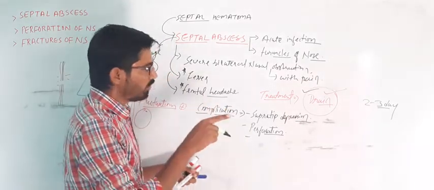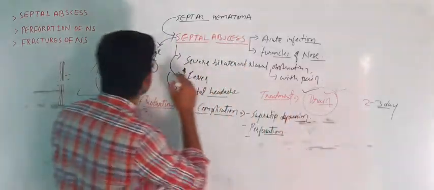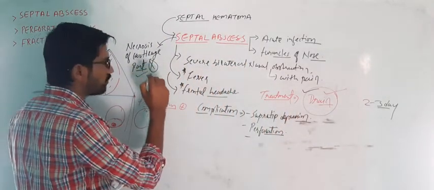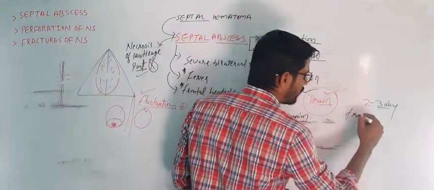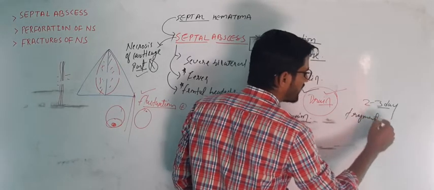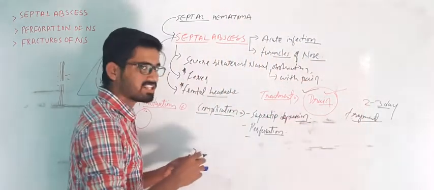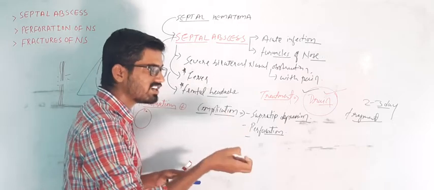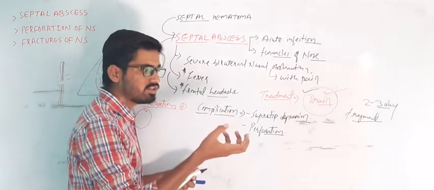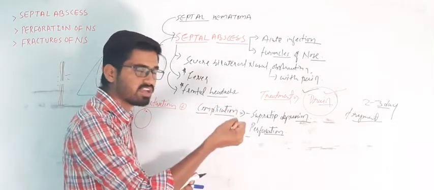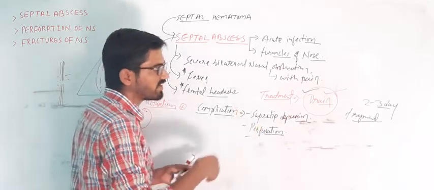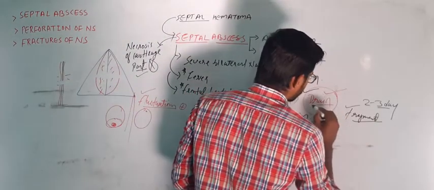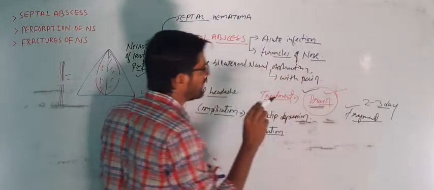Now in this, what is happening? See here, necrosis of the cartilage part. So there may be some fragments, and some other parts. We can drain it, or we can use suction tubes, so that we can remove this. So this drainage is a very important thing.